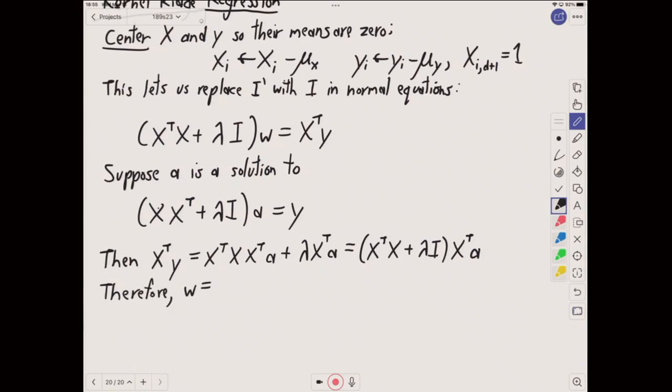Therefore, if we set w equal to X transpose a, then that is a solution to the original normal equations for ridge regression, albeit with the bias term penalized.